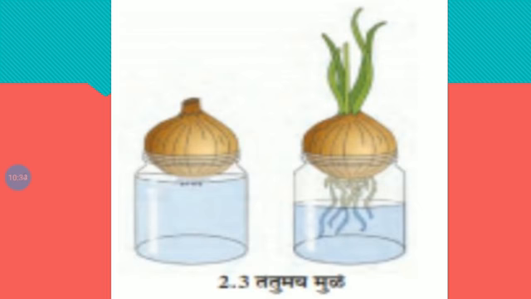Besides the normal functions like absorption of water and minerals, anchoring and supporting the plant, roots perform some other functions too. Roots show some modification to perform these additional functions. Some examples of such modified roots are aerial roots, stilt root, runners, breathing root, etc.